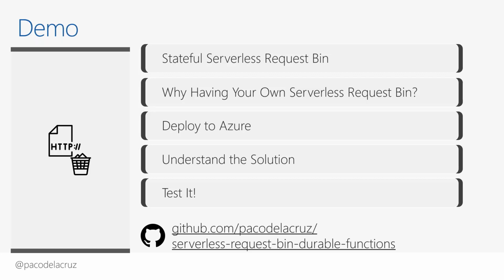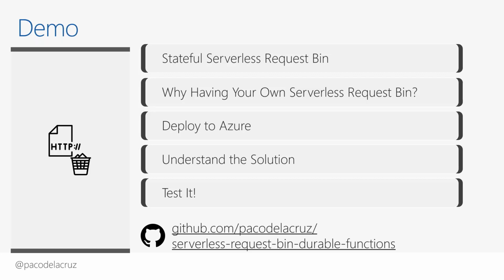So if you want a request bin that you only pay for what you use, and even more important, that you get all these free executions per month on the cloud, I think it's a very good idea to have your own serverless request bin. You can deploy it to Azure, and let's see how we deploy it.